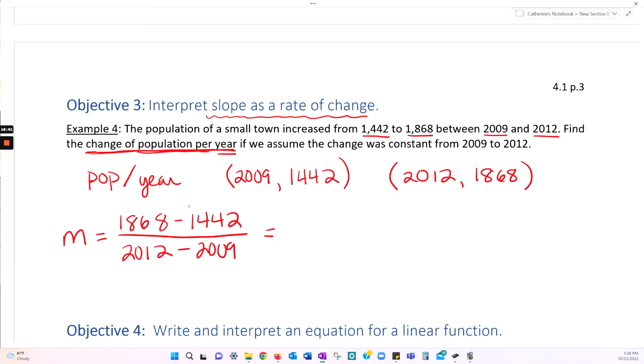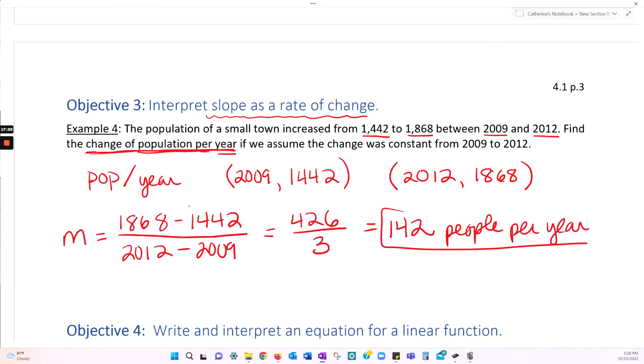And then 2012 minus 2009 is 3. So 426 over 3, and that is 142. So, people per year, I guess. We could say this town population increased by 142 people each year.